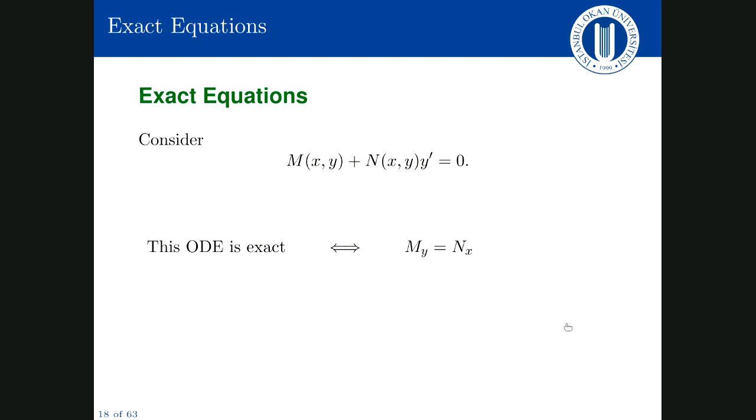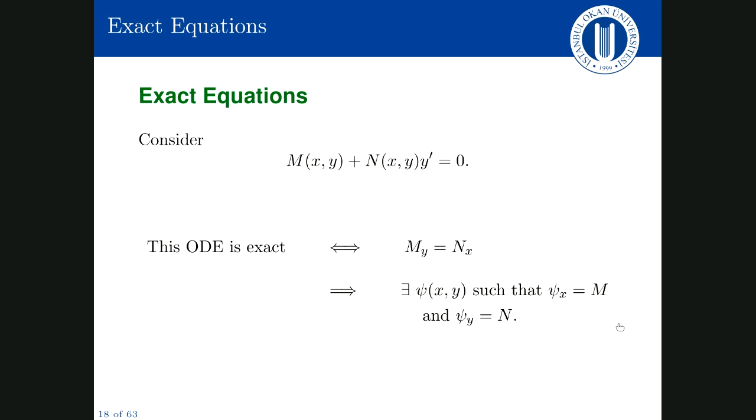The next type of special first order equations were exact equations. Consider some function M plus some function N, y prime is equal to 0. We had a theorem that said this equation is exact if and only if the partial derivative of M with respect to y is equal to the partial derivative of N with respect to x.